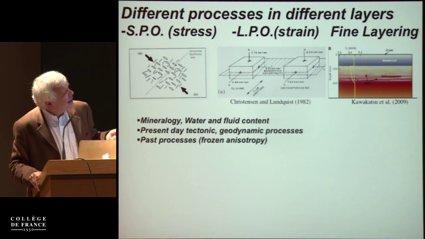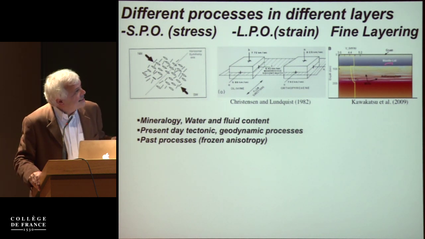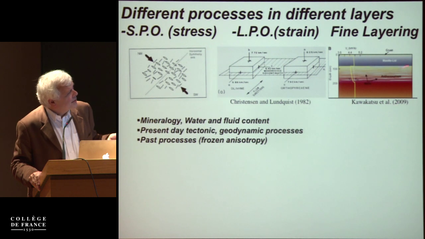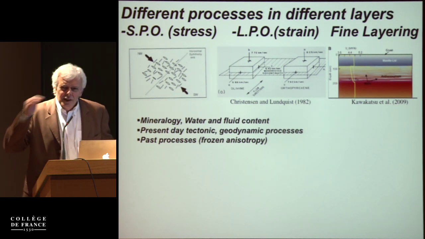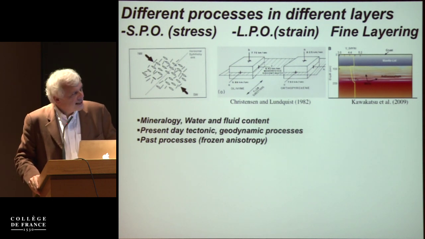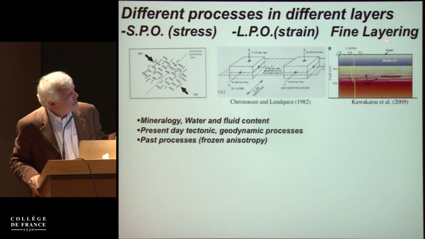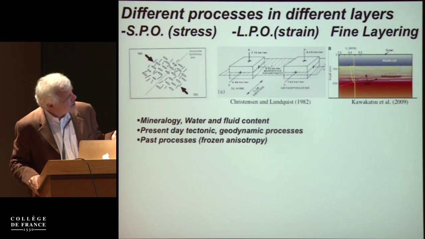We have a last process which can give rise to seismic anisotropy: fine layering. If we have a stratification, a layering of thin layers much smaller than the seismic wavelengths, the effective medium will be anisotropic. In that case, if you have a horizontal medium, it's a specific case called a VTI medium, with only 5 parameters.